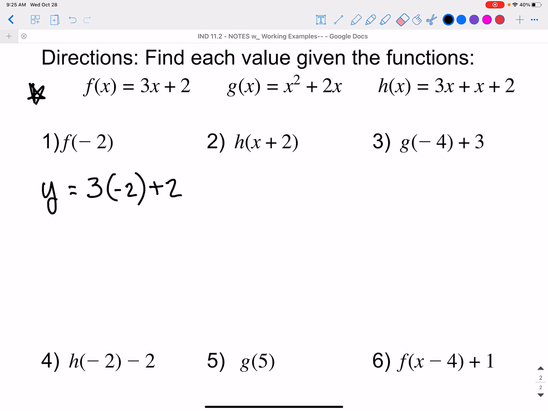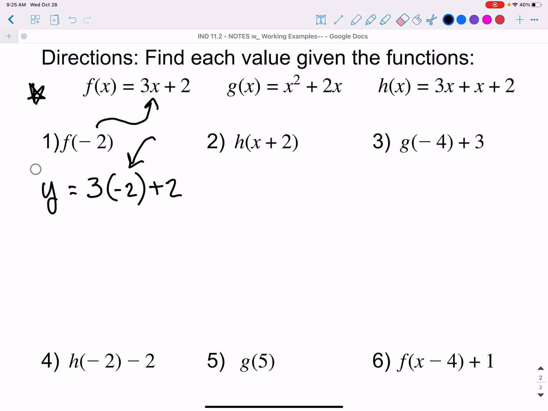So, F of negative 2: the F tells me to use the F function, and the negative 2 tells me to plug in negative 2 as my ingredients into the function. So I've rewritten my equation, and I don't care if you write Y, F of X, or F of negative 2, it doesn't matter, because this is your input, your ingredients, and this is your output, or the result once you run your ingredients through the equation.